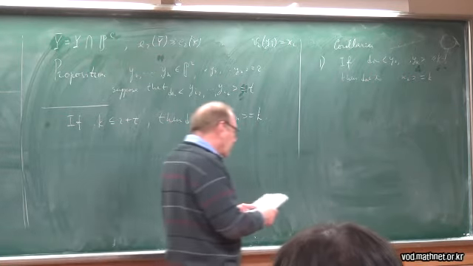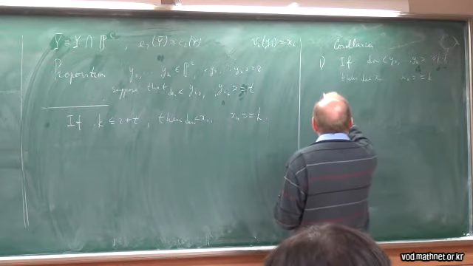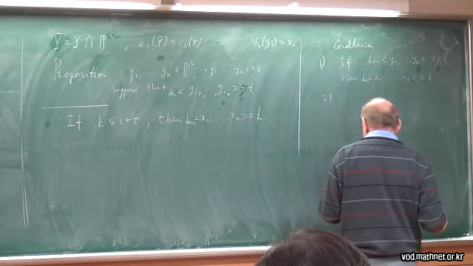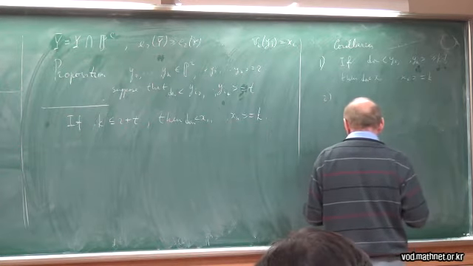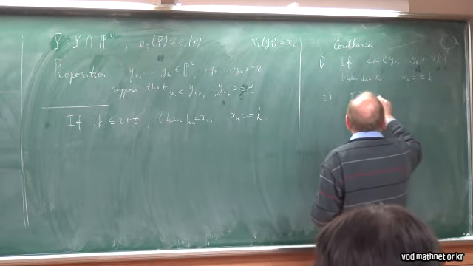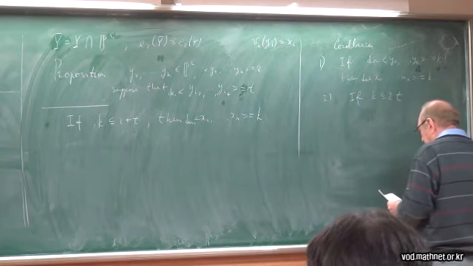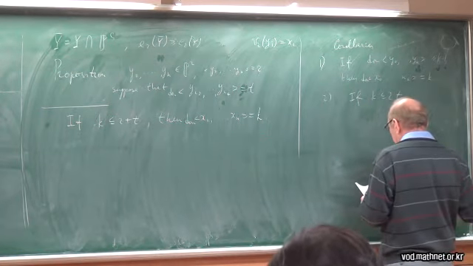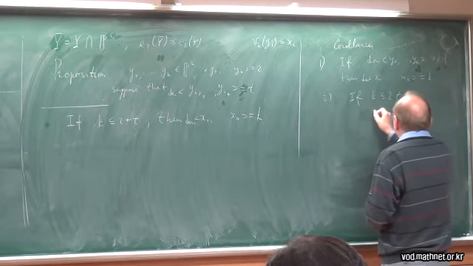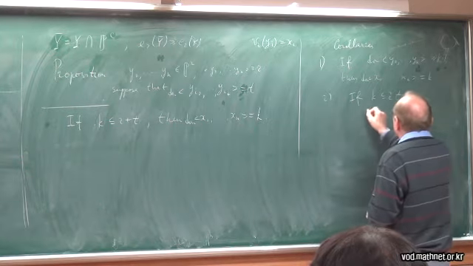Now we'll also use another corollary. Suppose, in the above notation, in the notation of the proposition, that k doesn't exceed 2t. Then these points are in general position.